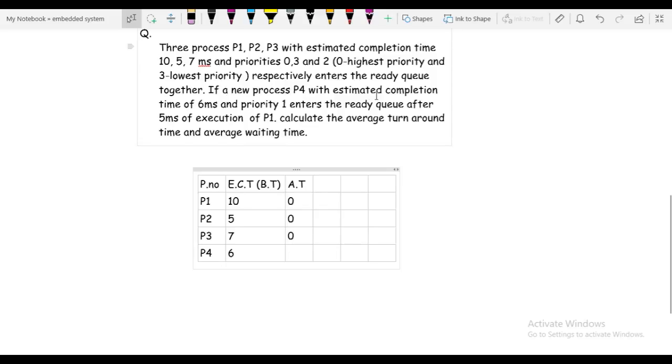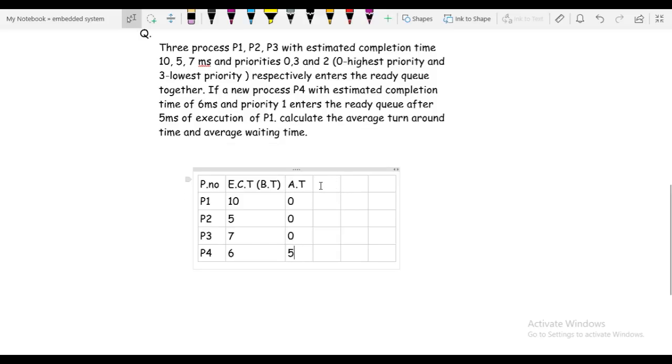Now, a new process P4 with estimated completion time 6 milliseconds and priority 1 enters the ready queue after 5 milliseconds of execution of P1, that is, its arrival time is 5. That is because it says it enters the ready queue after 5 milliseconds of execution of P1, right?